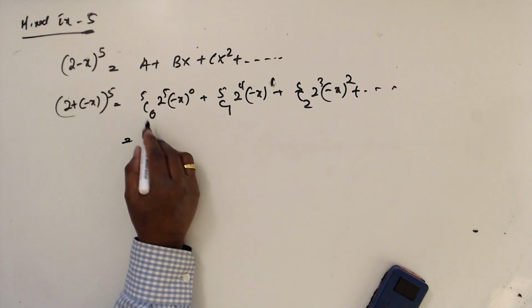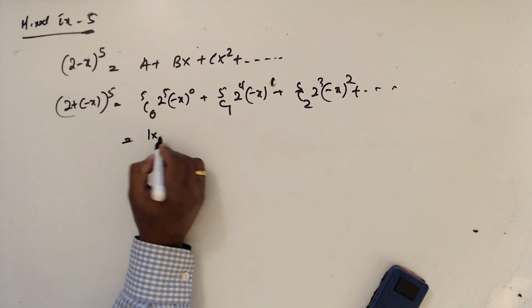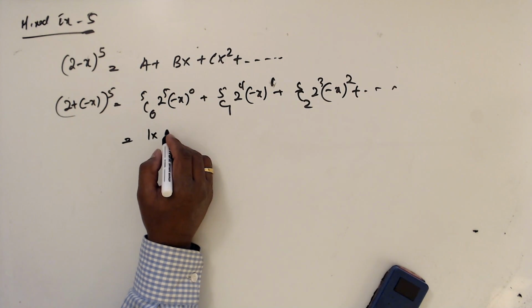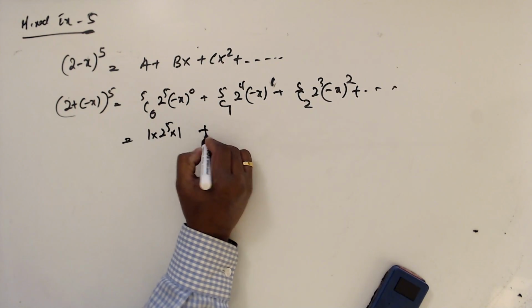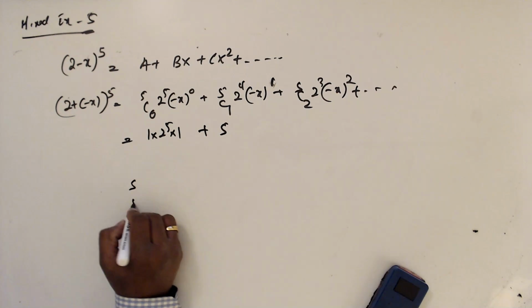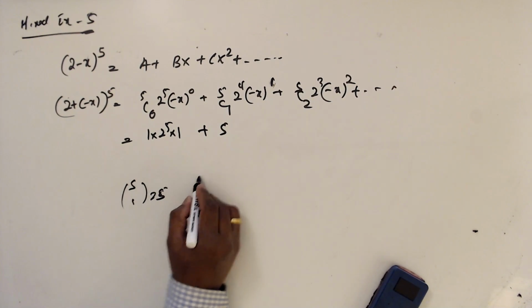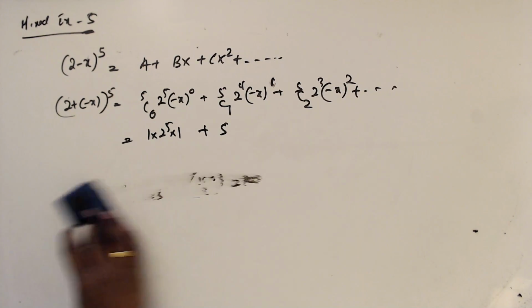We know that this is 1, 2 to the power 5 times 1. We know this is 5, since 5c1 is 5, 100c1 is 100, like that.